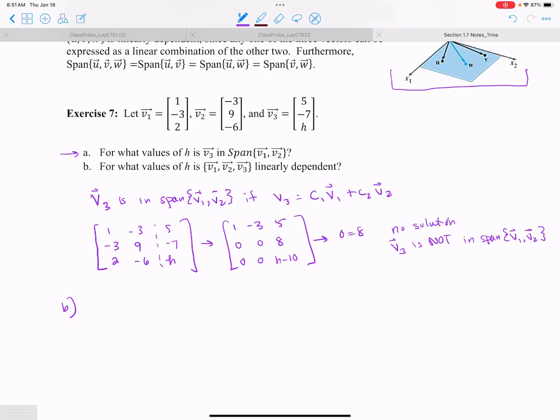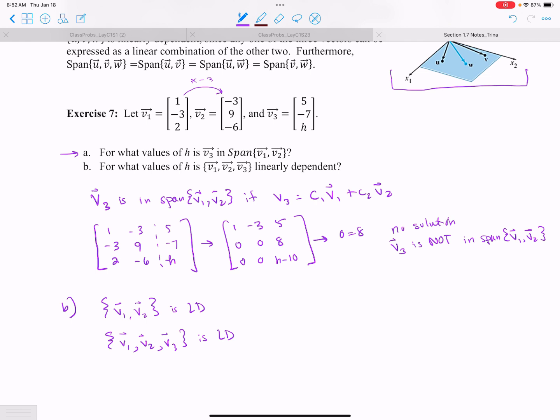All right, so we're going to make some observations that you may have already noticed. To get from V1 to V2, you multiply by negative 3. That tells me the set V1, V2 is linearly dependent. So if I add another vector in there, it doesn't matter what that vector is. It'll still be linearly dependent because V1 and V2 are dependent.